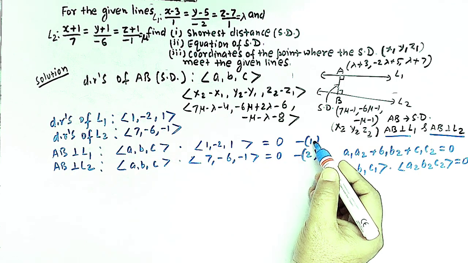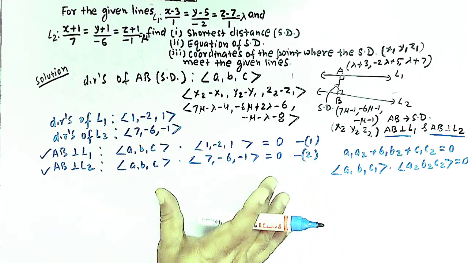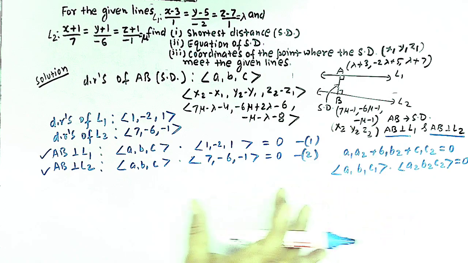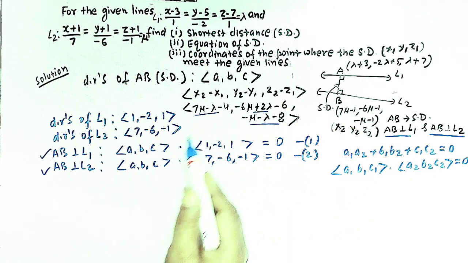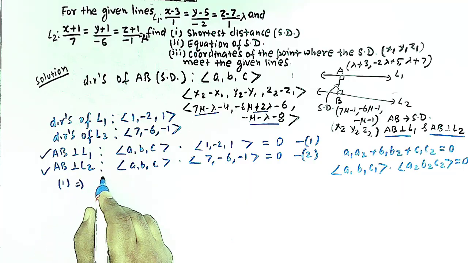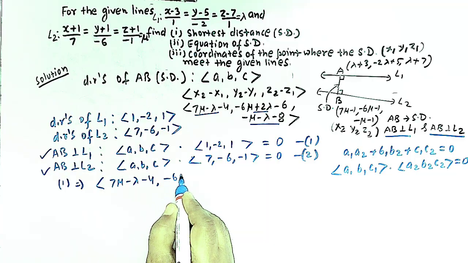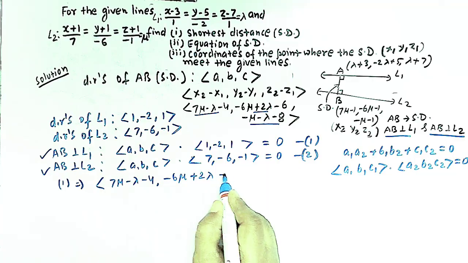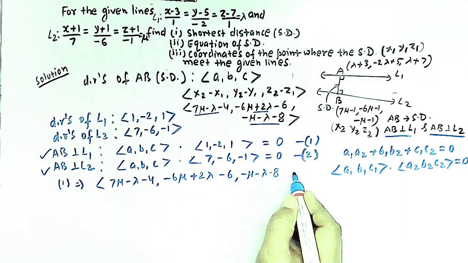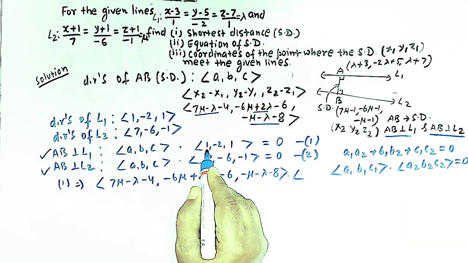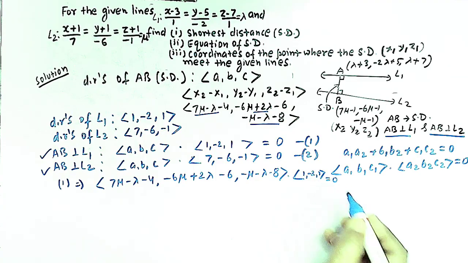So let us now form two equations using these two. Here we have two equations, right? So here A, B, C are given by these three numbers. So we have now 7 mu minus lambda minus 4, then we have minus 6 mu plus 2 lambda minus 6, and minus mu minus lambda minus 8 with this vector 1, minus 2 and 1 is equal to 0.